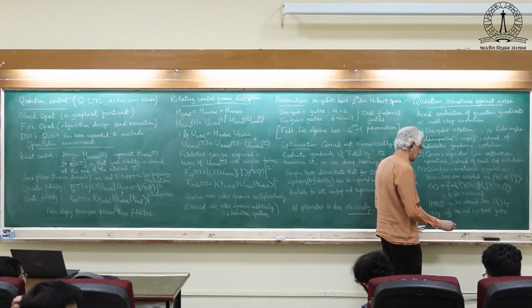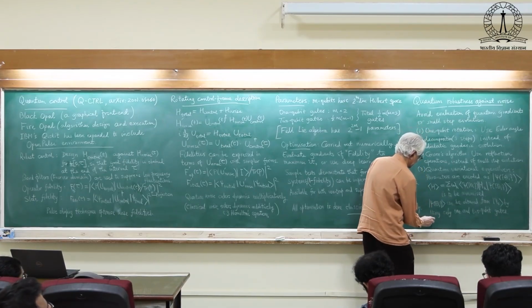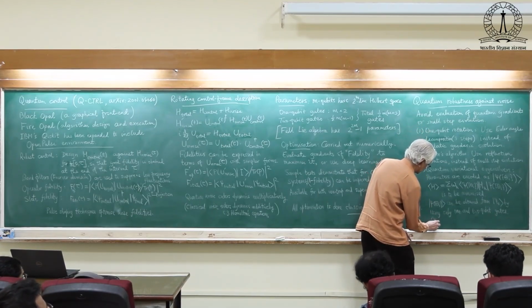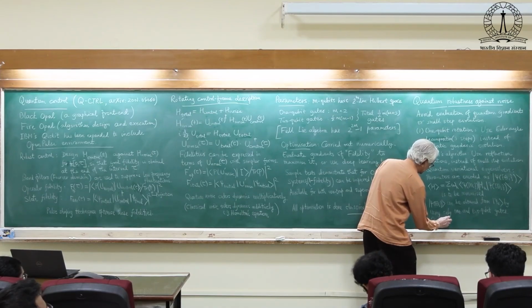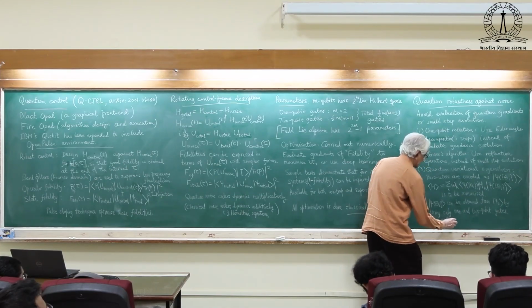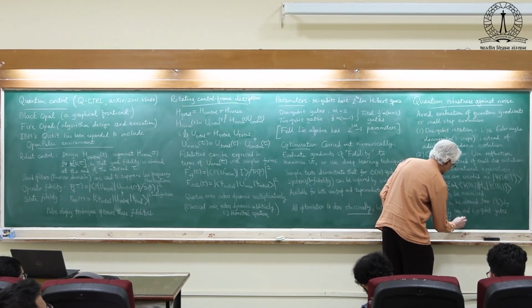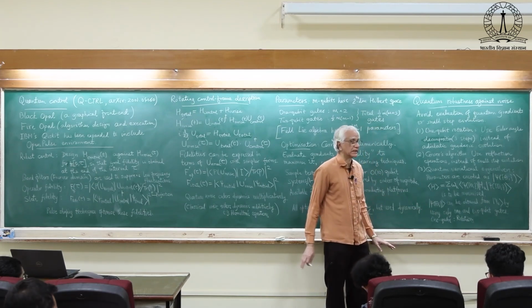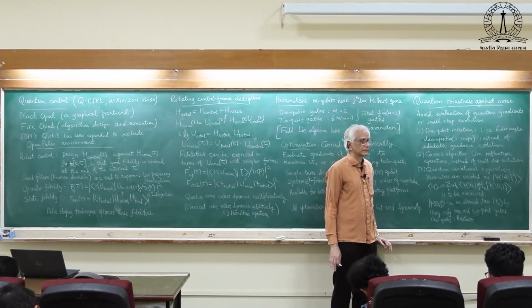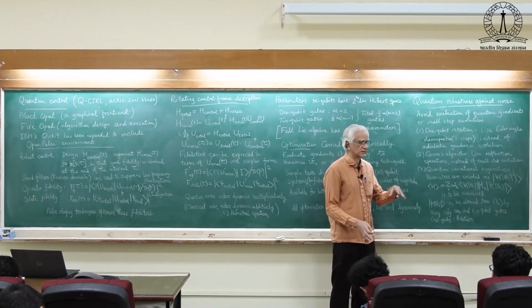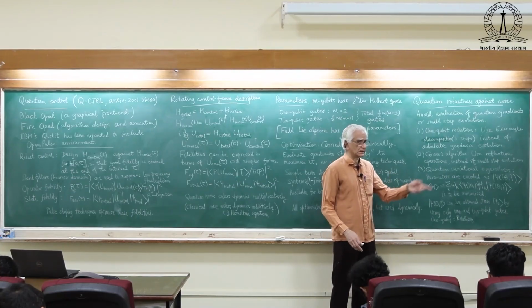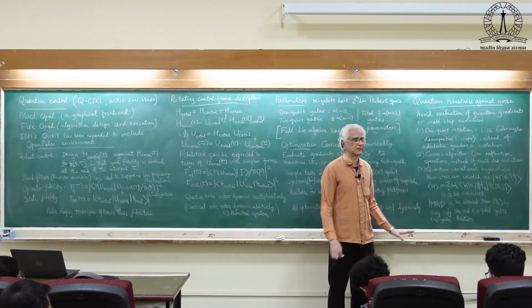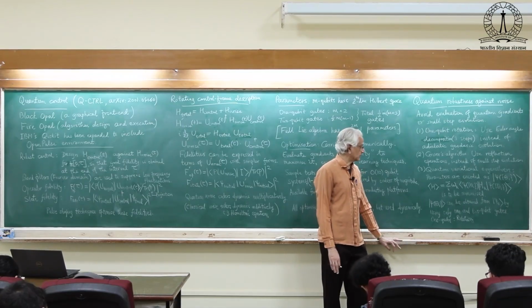And the answer is quite simple. What we used for 1 qubit were only rotations about an arbitrary axis. You can choose any axis in the Bloch sphere and you give an angle of rotation, and that was the 1 qubit operation.